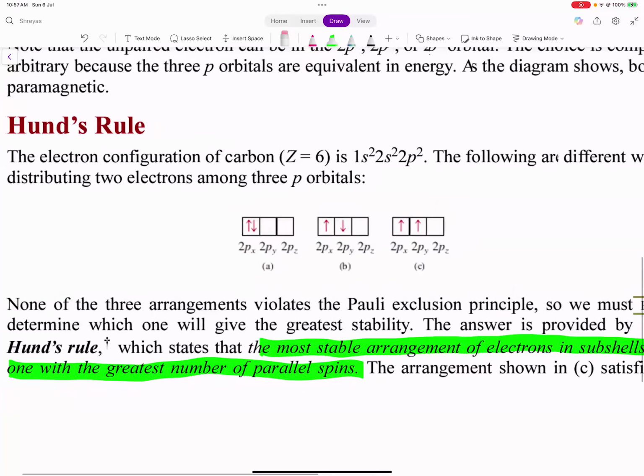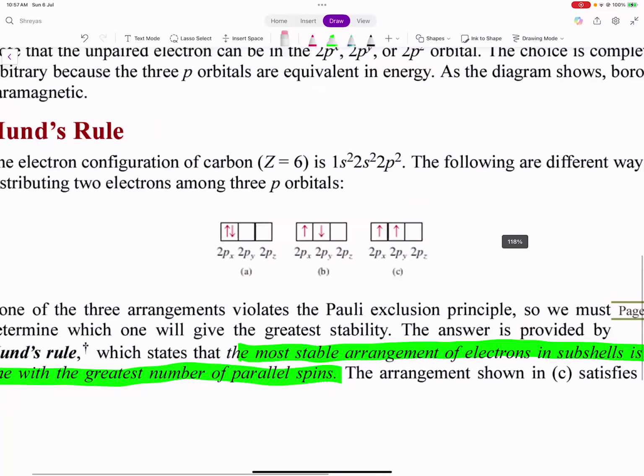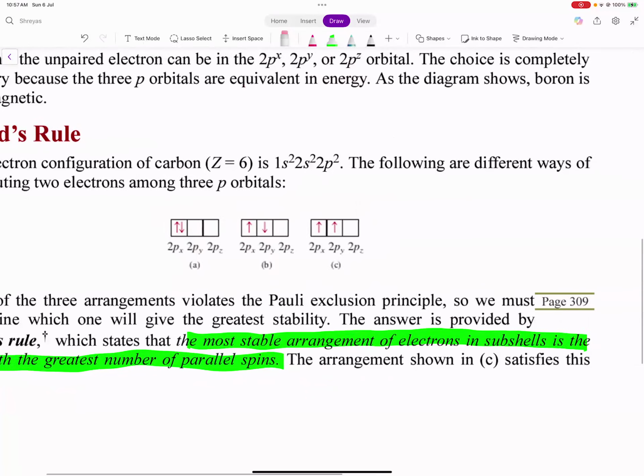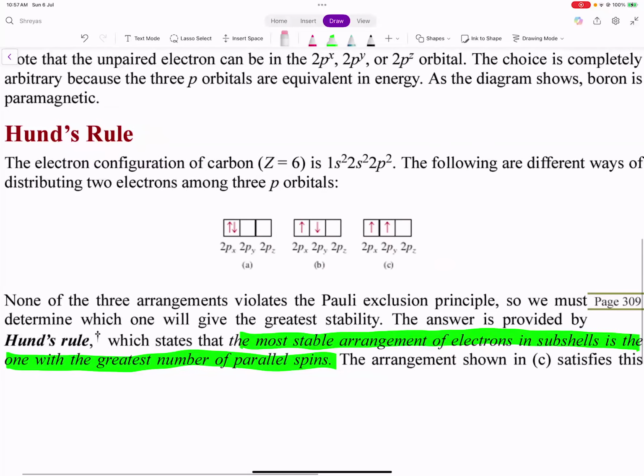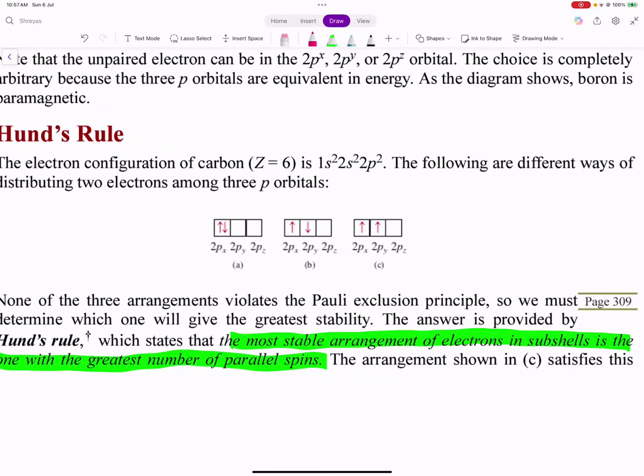The most stable arrangement of electrons in a subshell is the one with the greatest number of parallel spins. This has the greatest number of parallel spins. There are 2 parallel spins here, right?